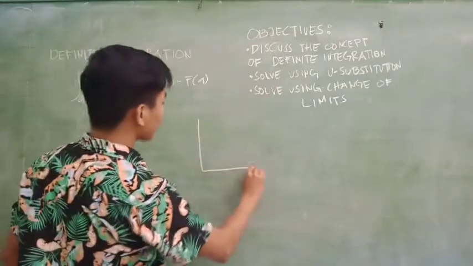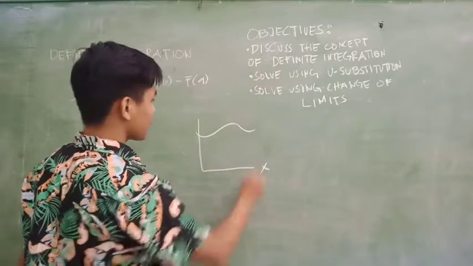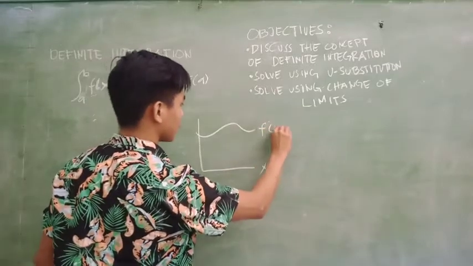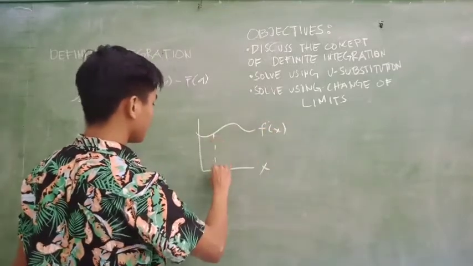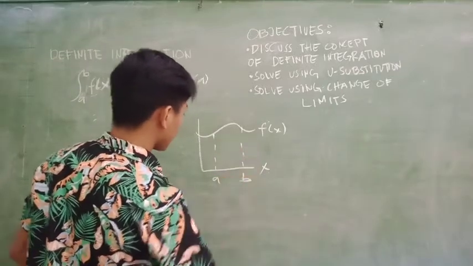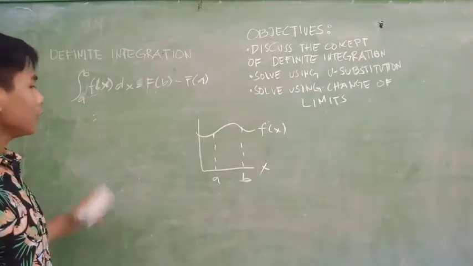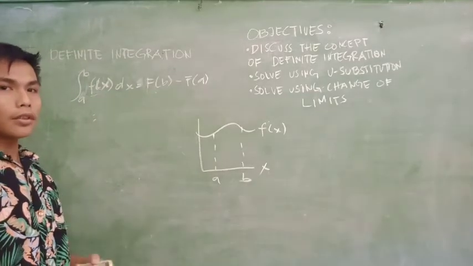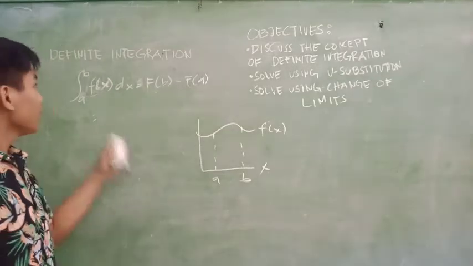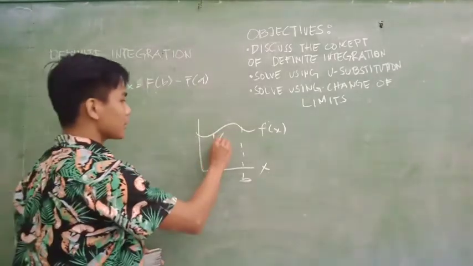We have here a graph representing a function and the x-axis with intervals on it. So the limits or the intervals a and b are present. So the outcome of the definite integration is only located in this area.